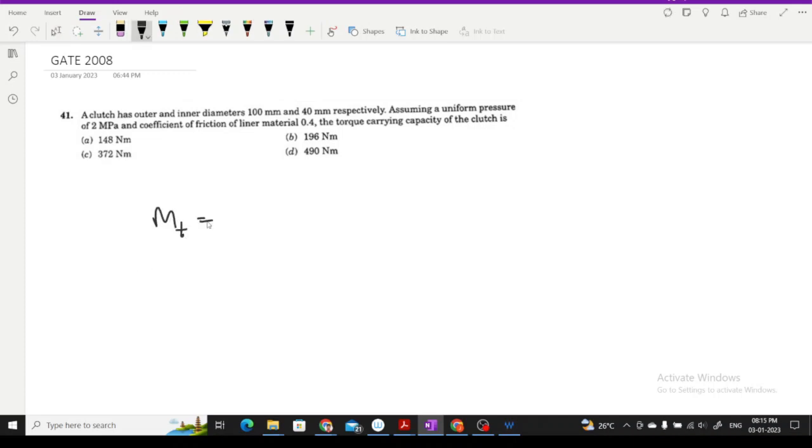This T, whatever we have just now written, this pi mu p by 12, D cube minus d cube. The same will be there, right? It's 0.4, 2 megapascal.